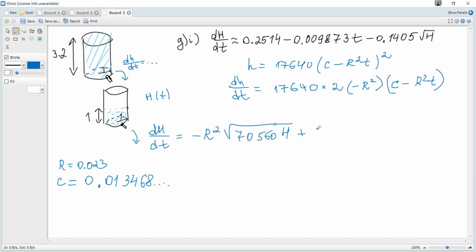So it becomes plus 2, or actually we can multiply later. So 2 times this 17 and times r squared and c minus r squared t. And if we expand and simplify, we should get it like this.